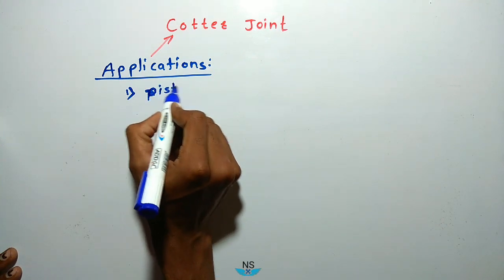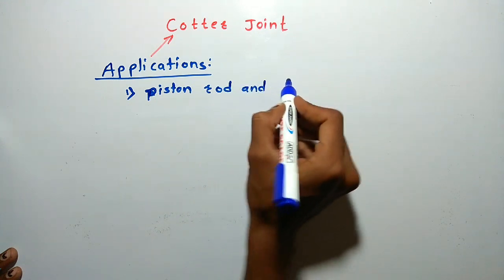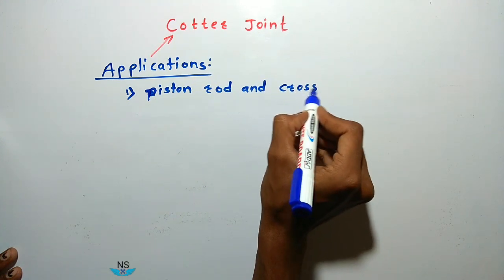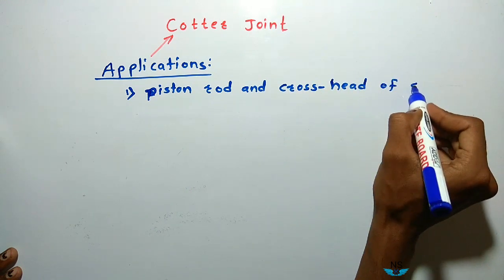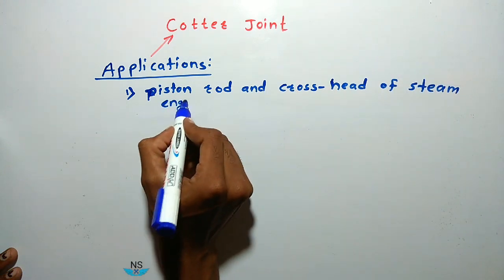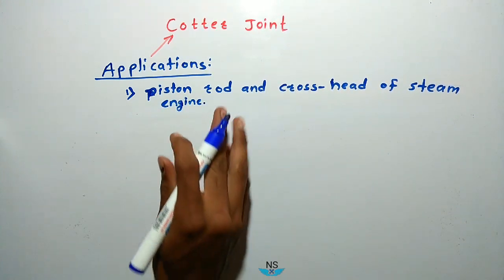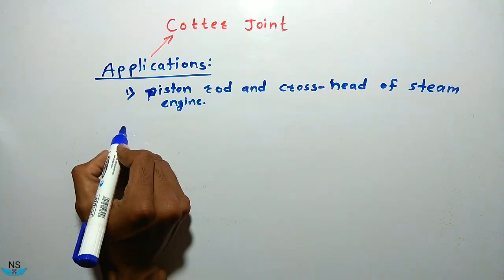So between the piston rod and crosshead, quarter joint is used.